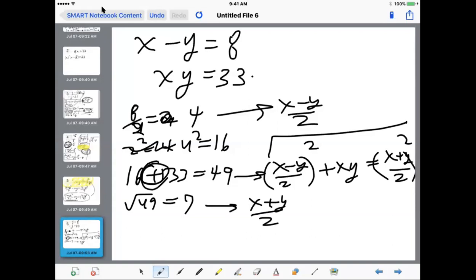Once I have those two things, if I add them together, I'll get X. That's 11.